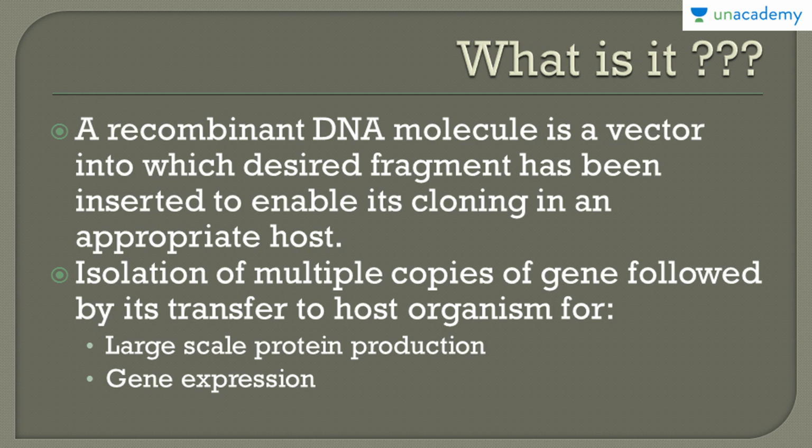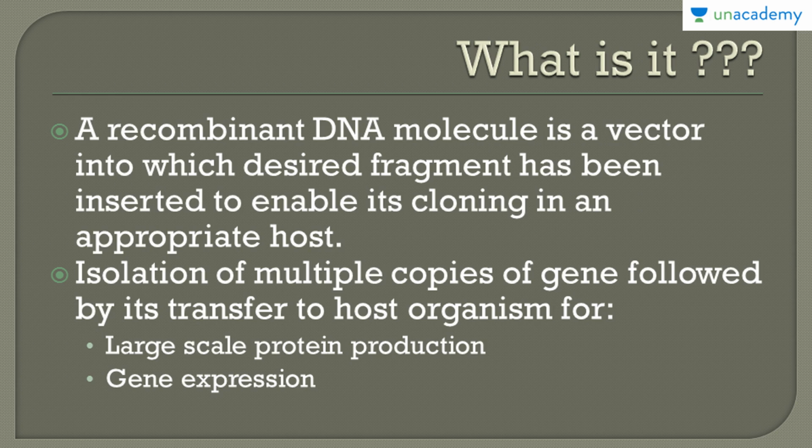And now the question is, why are we doing all these things, and what is the need of producing a recombinant DNA molecule? Generally, there are two major objectives: one is large scale protein production, and second is gene expression.